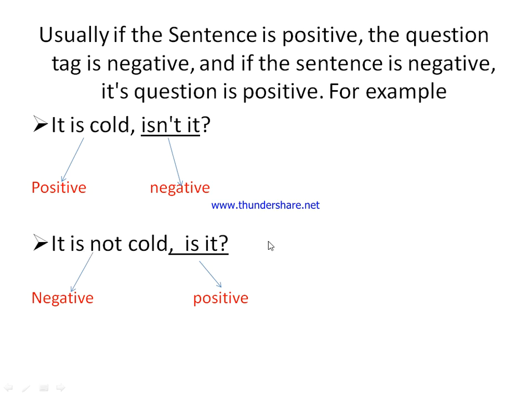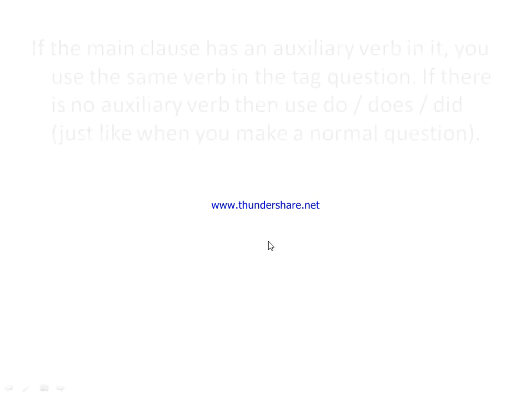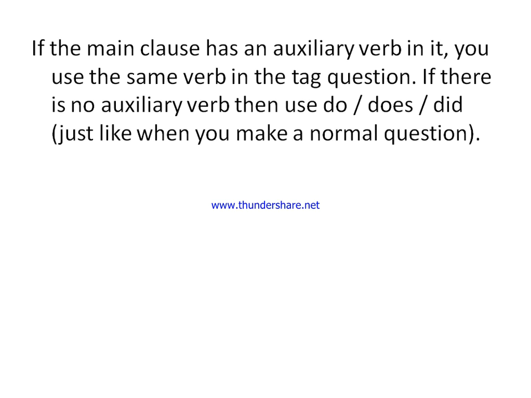But if in the sentence there is no auxiliary, that means there is no is, no are, no were, no has, have, now you use do, does, and did. Do and does you can use in the present, but did you can use in the past tense.